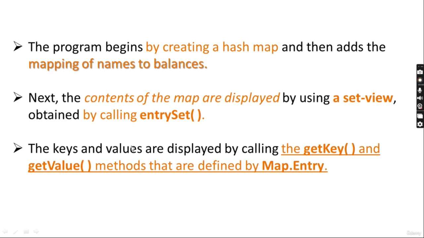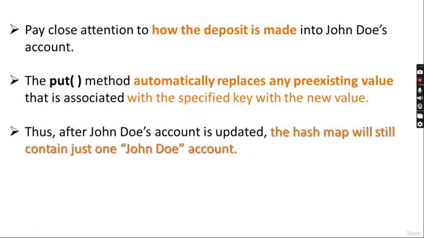The program begins by creating a HashMap and then adds the mapping of names to balances. The contents of the map are displayed by using a set view, by calling the entrySet method. The keys and values are displayed by calling the getKey and getValue methods defined by Map.Entry. The deposit is made using the put method.